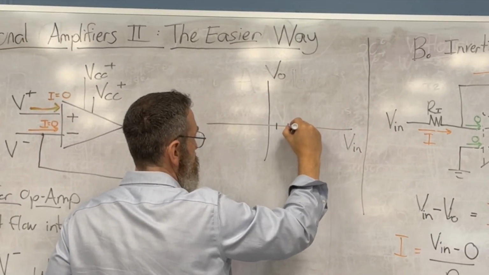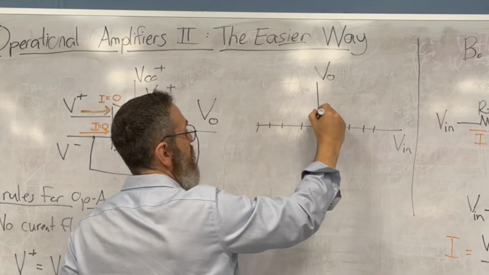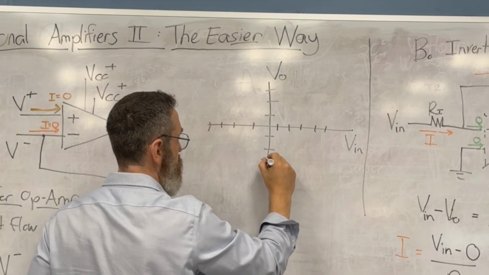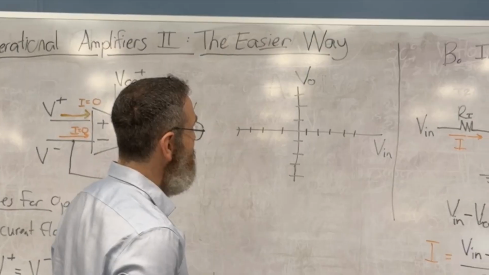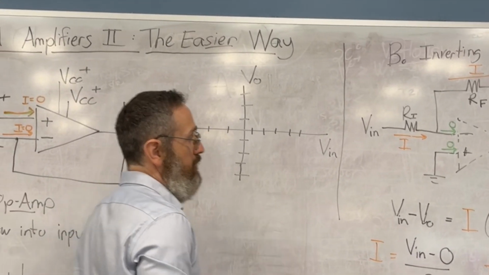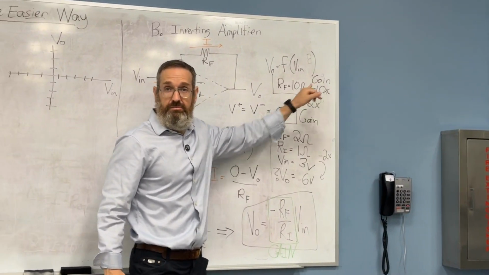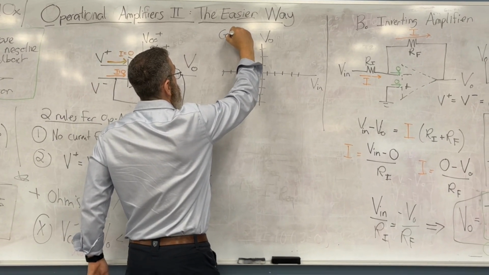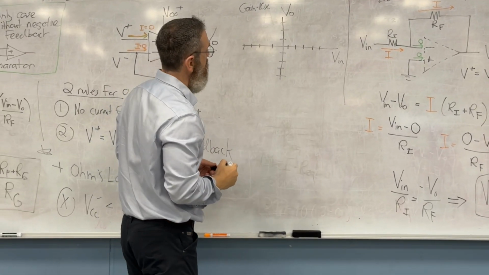So the input can take on different values. It can also be negative. And then we have an output. Let's stick with this gain of negative 10x, the same design. So the gain is minus 10x.